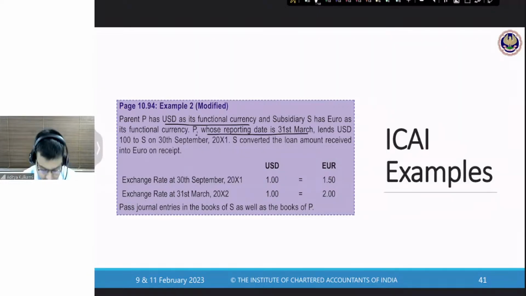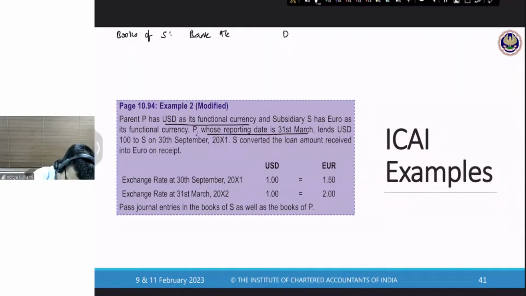Okay, so we will have to do this question. I'll do it here only because it's fairly simple. Books of S. What entry will it pass?